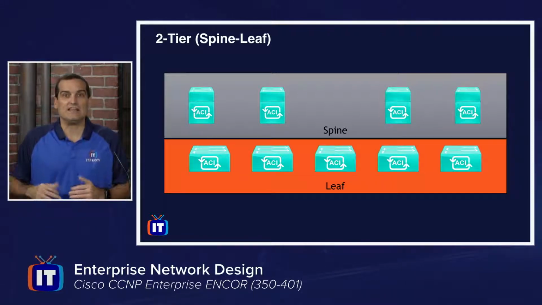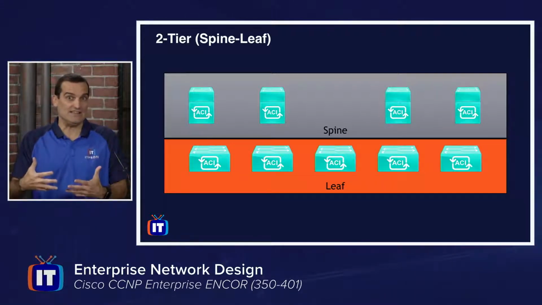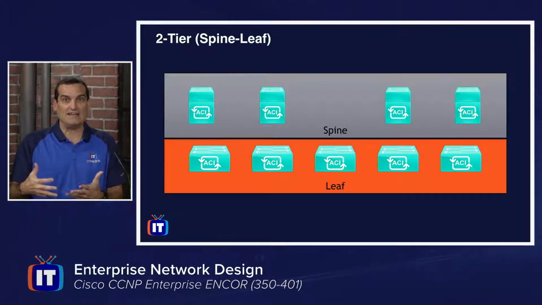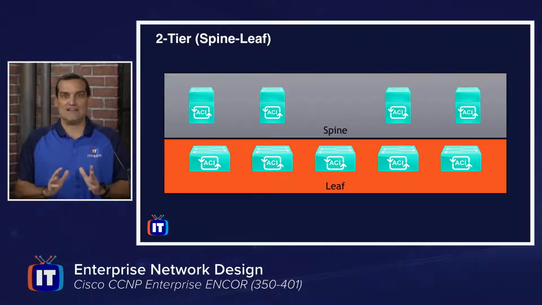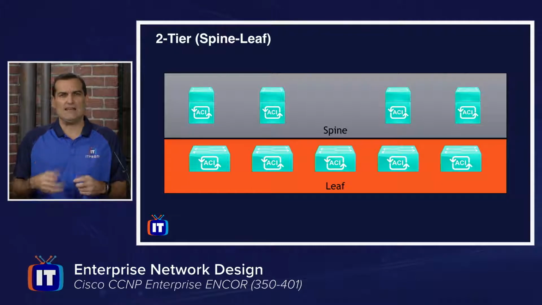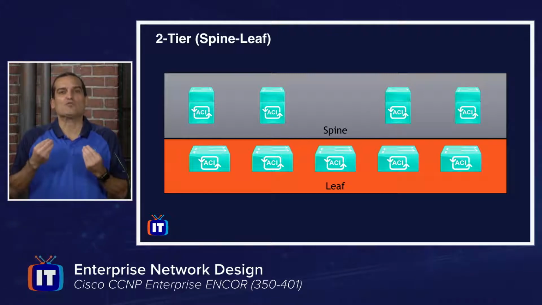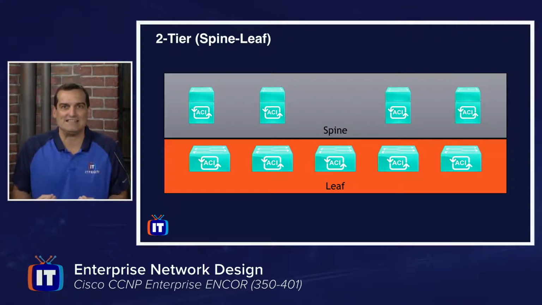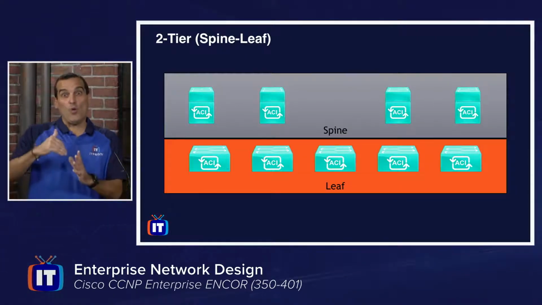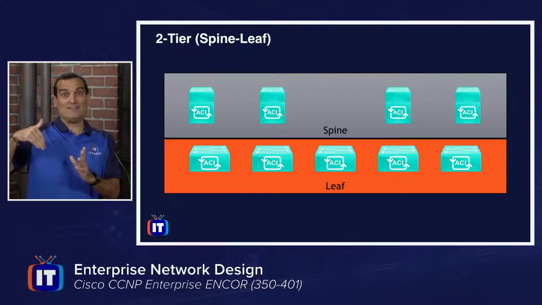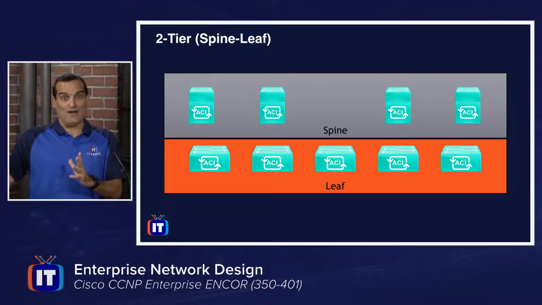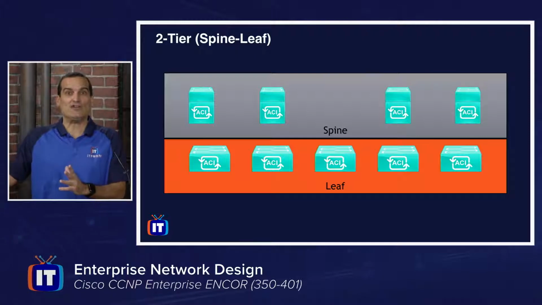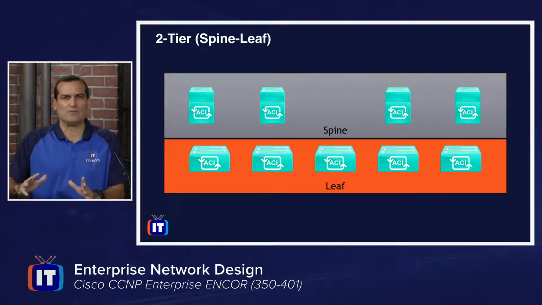What this does is it builds in redundancy right away into the design. But here's the thing that it does that's, I think, the most exciting and why it's used for Cisco software-defined networking in ACI. It makes for a predictable latency. You're always that one spine hop away, if you will, from where you're getting your traffic to. Super predictable latency.